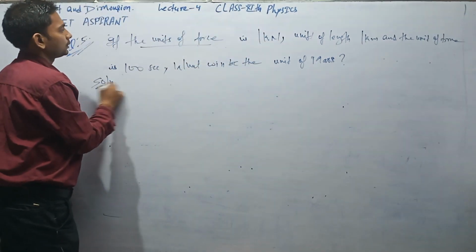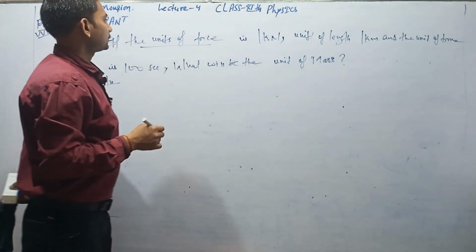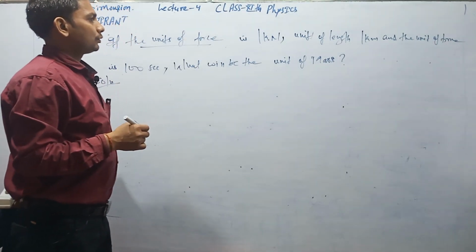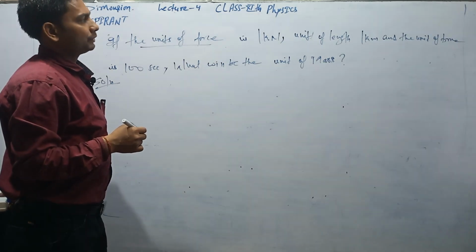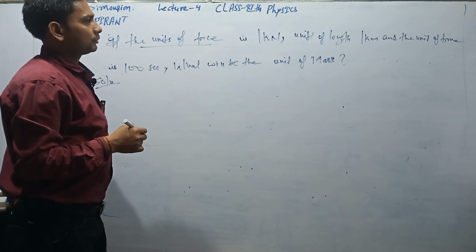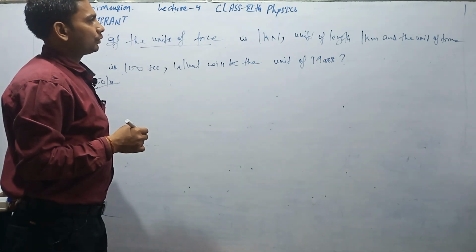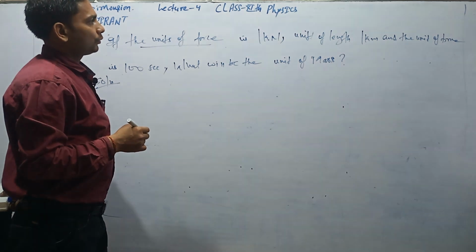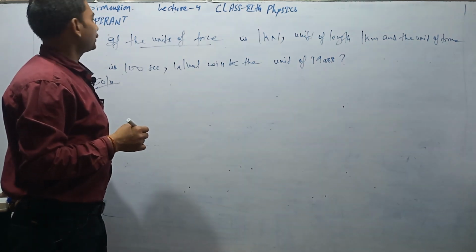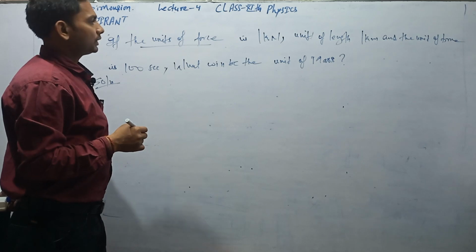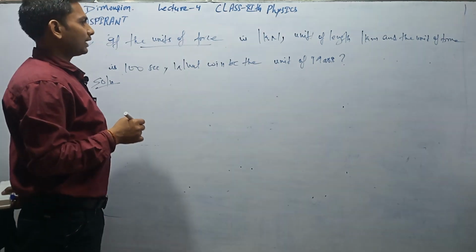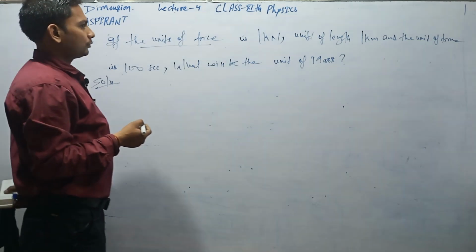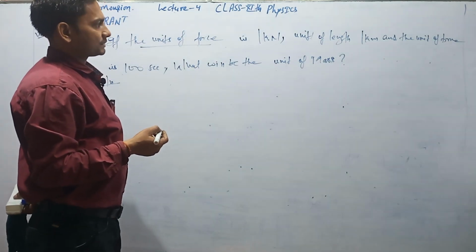Solution. Unit of force is 1 kilonewton, unit of length 1 kilometer, unit of time 100 second. What will be the unit of mass?